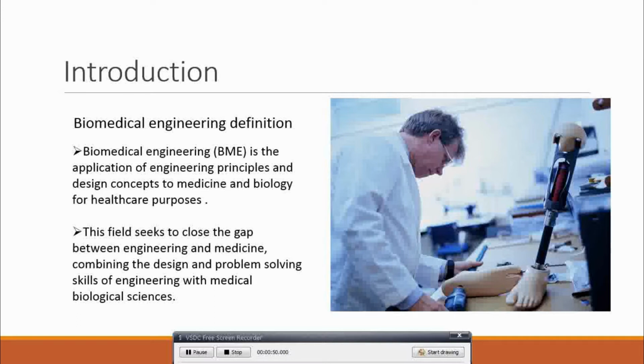For example, we use the principles of engineering to do some sort of design concept studies or instrumentation systems that can be used for healthcare purposes. This field seeks to close the gap between engineering and medicine, combining the design problem solving.